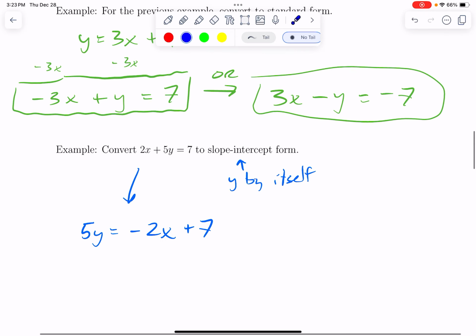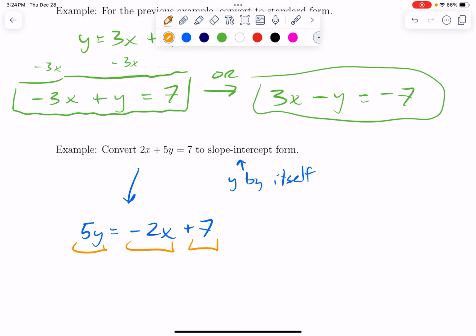Now we're going to divide everything by 5, and that means we have to divide each term by 5. We're going to divide this by 5, and this by 5, and this by 5. So it will look like y equals negative 2x over 5 plus 7 over 5.